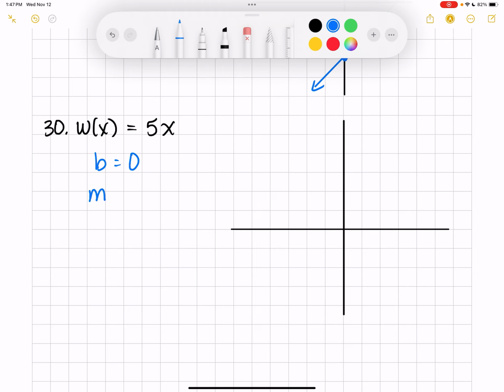And the slope? Yep, 5. So I have at the origin, I have my intercept. Slope says I go up 5, right 1. Or I can go down 5, back 1. It's technically off my graph, but that's okay. From where I was, it's just a big slope. And there's your graph.